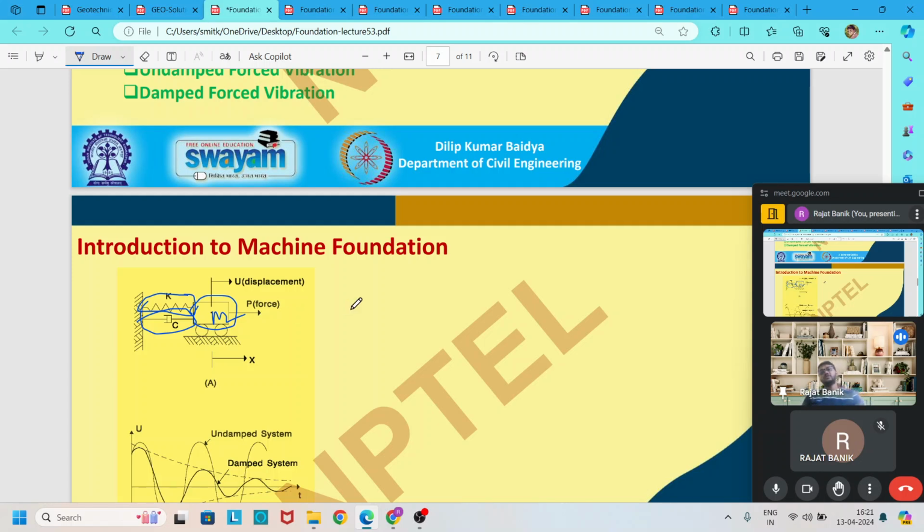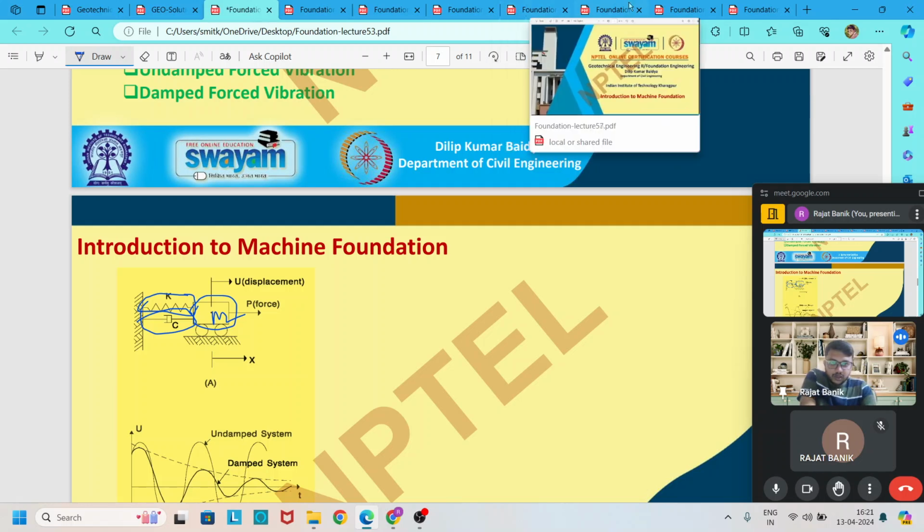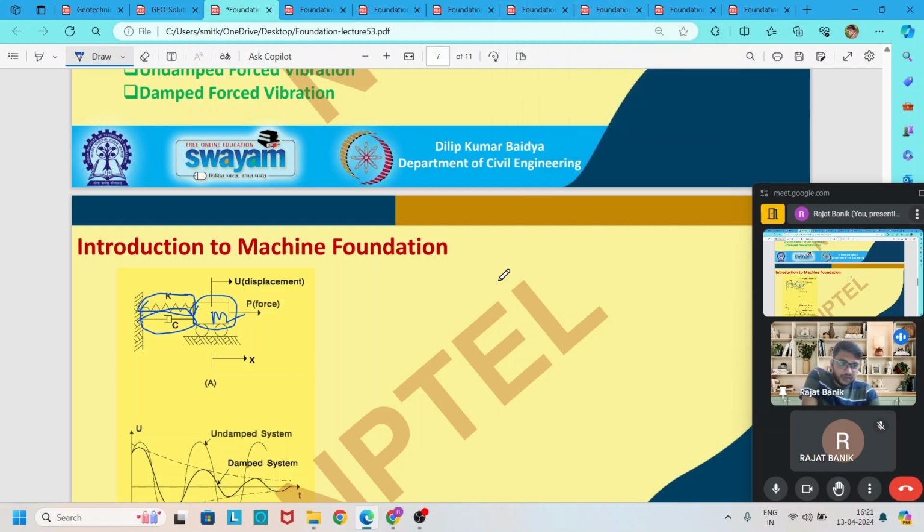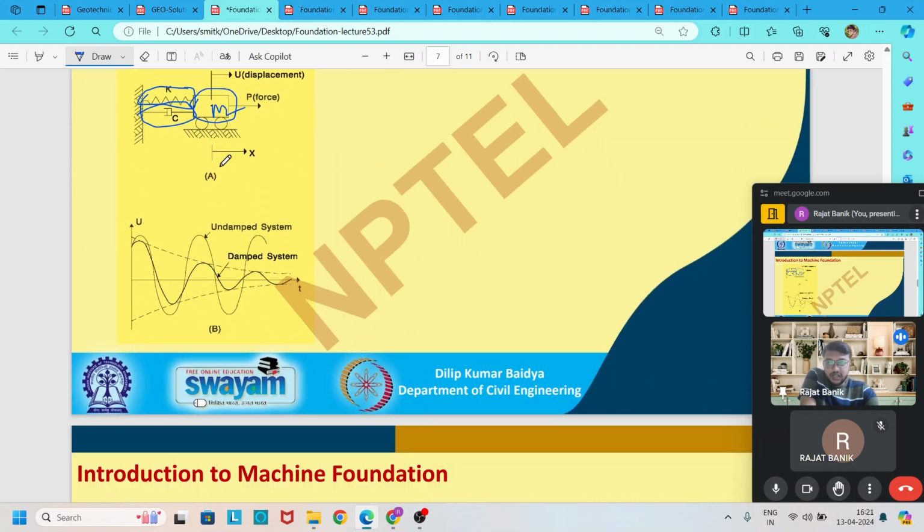So a mass-spring-damper system, very easily we can understand this vibration system. You see that here different types of vibration systems are shown.